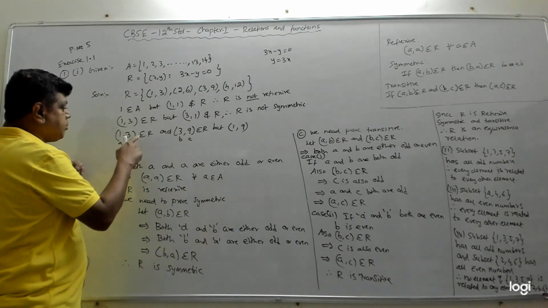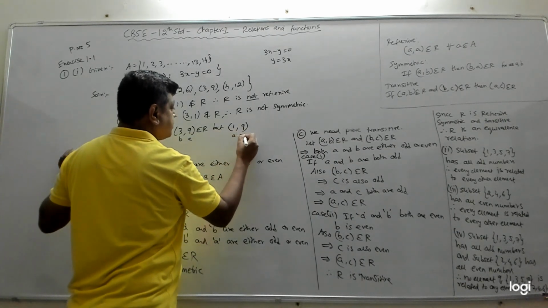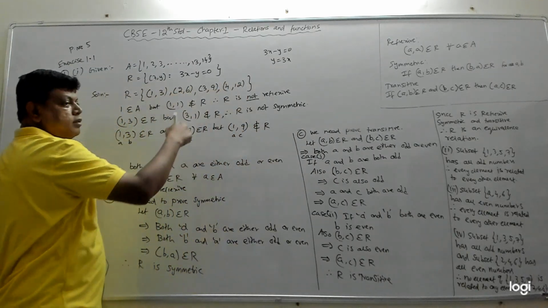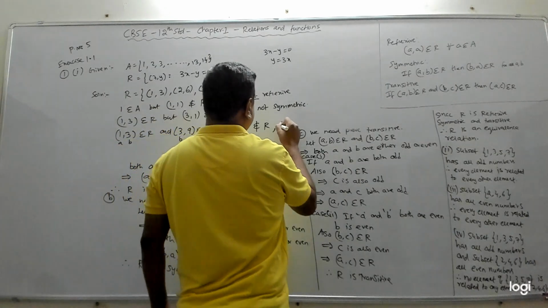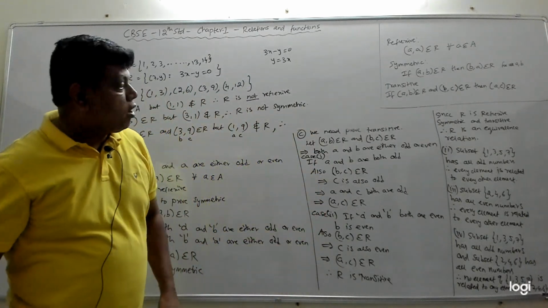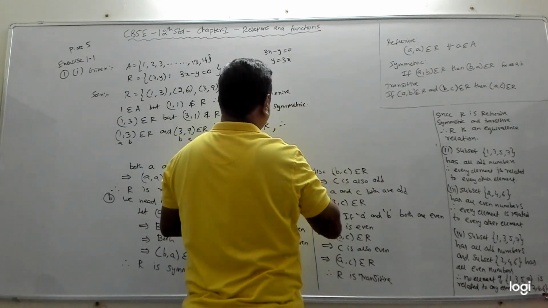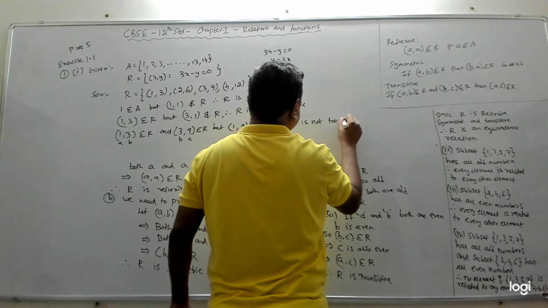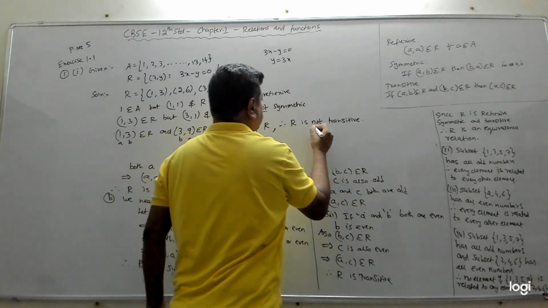So a comma b belongs to R, b comma c belongs to R, but a comma c does not belong to R, because 1 comma 9 is not in this relation set R. Therefore R is not transitive, which means R is not a transitive relation.